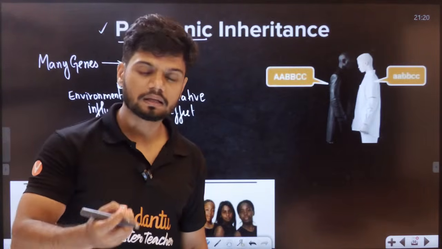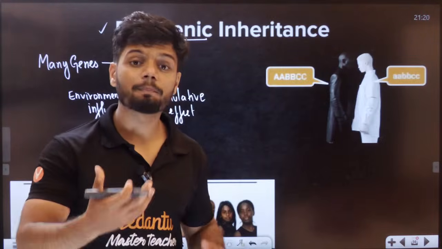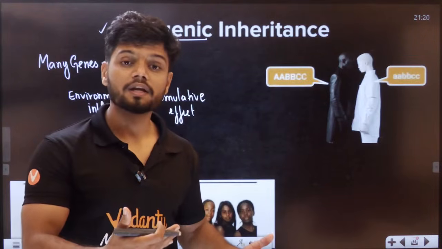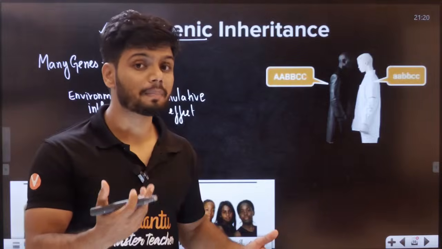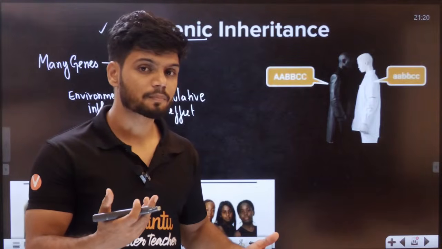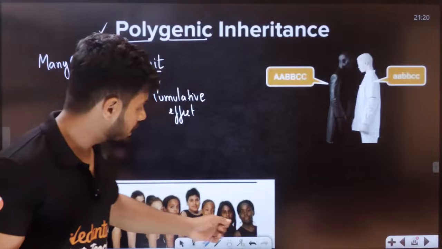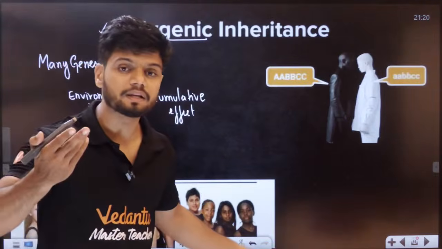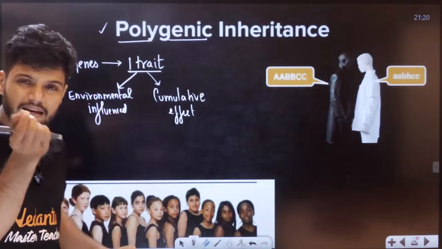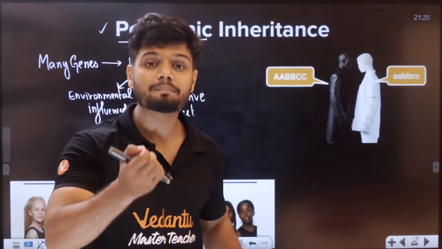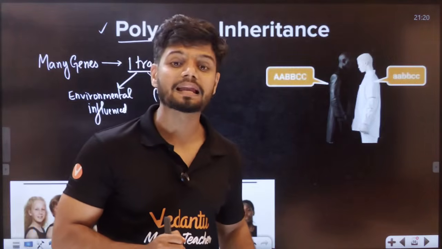Human skin color will change from person to person. Why? Because of a pigment. Anyone knows which pigment, students? This dark person will have a lot of that pigment, while this light skin person will have very less pigment. The pigment is called melanin pigment.